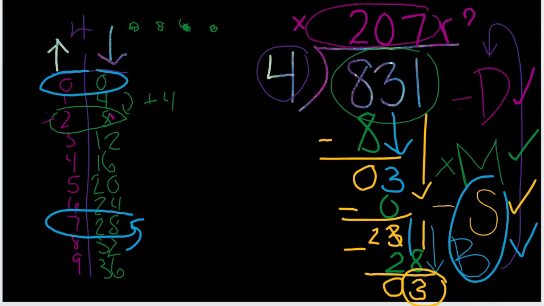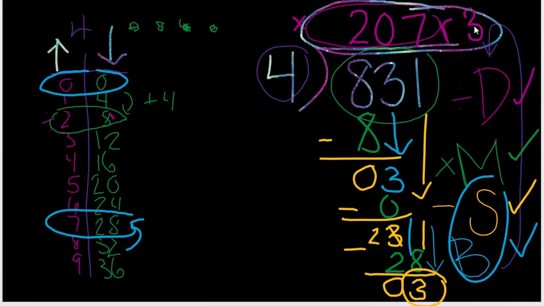And when we write it in a division problem, we are going to write it as R for remainder and then the number. So here is our finished problem. 831 divided by 4 is 207 remainder 3.